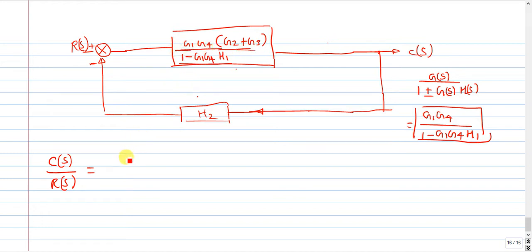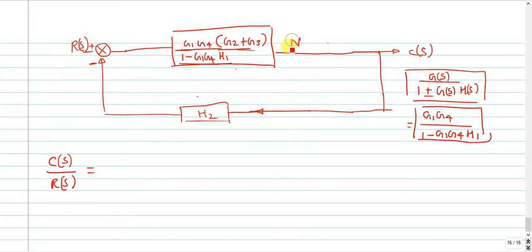We know the formula: G of S by 1 plus or minus G of S into H of S. We need to write in this form. Since we have G of S in the form of A by B, I will consider this as A by B, very simple.